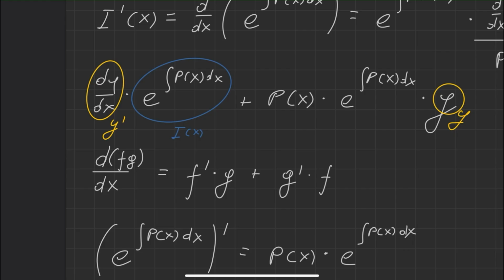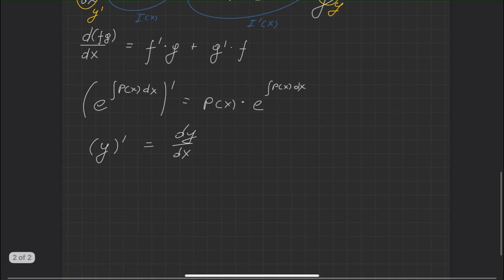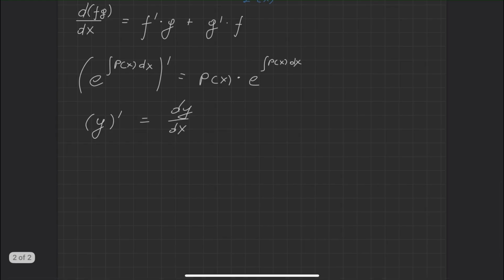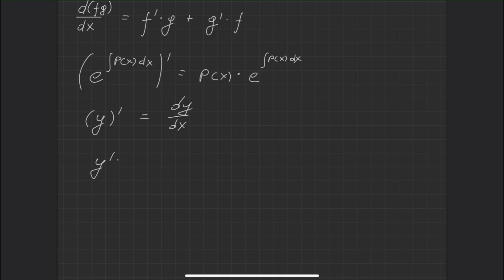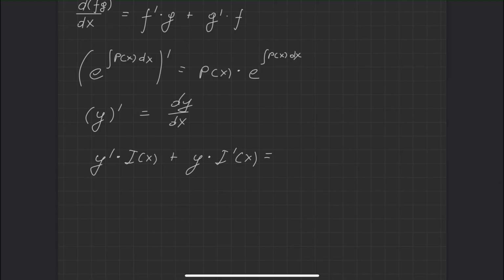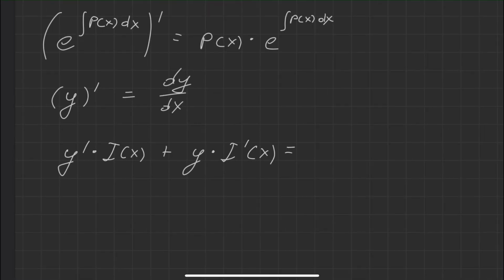And then this part right here is nothing else than I prime of x. So what we are actually left with is, let me quickly recall, y prime times I of x plus y times I prime of x. Now notice that this is nothing else than just the product rule applied to our function y and our function I, which is the integrating factor.